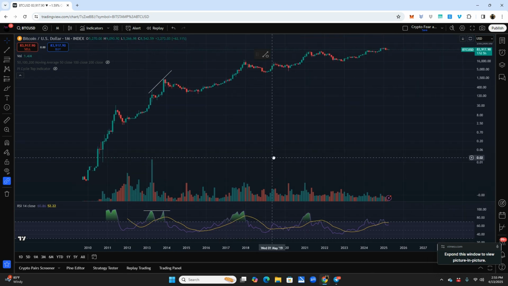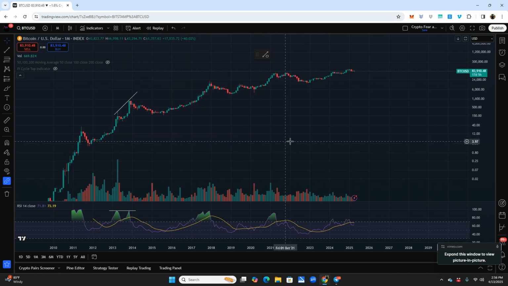The next market cycle top also has hidden divergence. Okay, the next one doesn't, or yes, it does, it has bearish divergence.